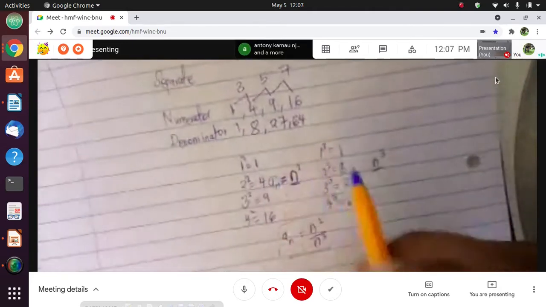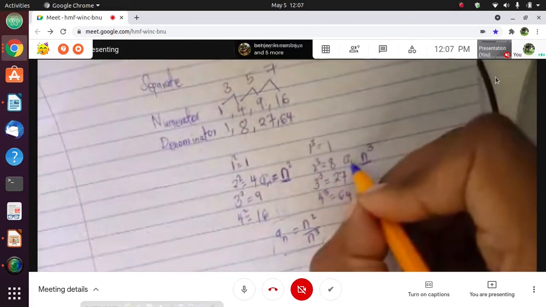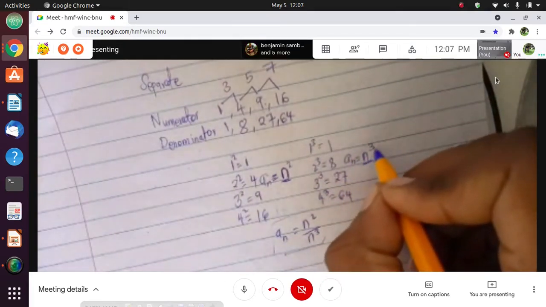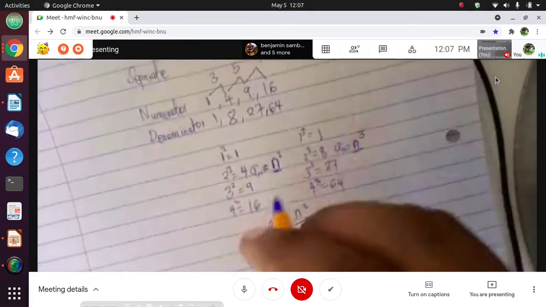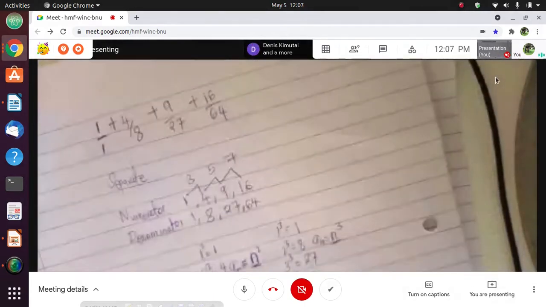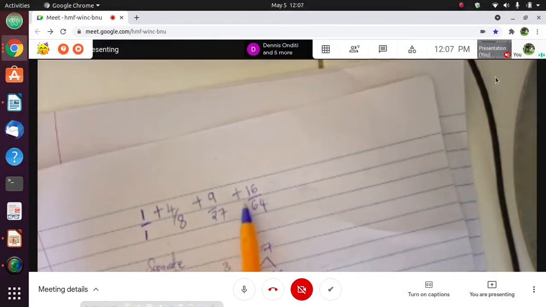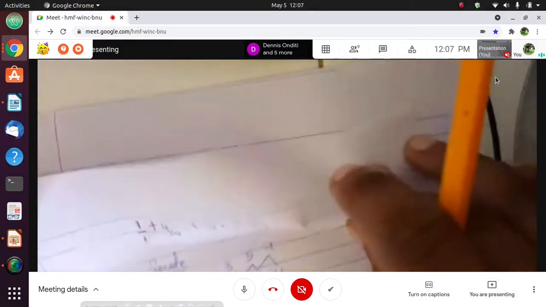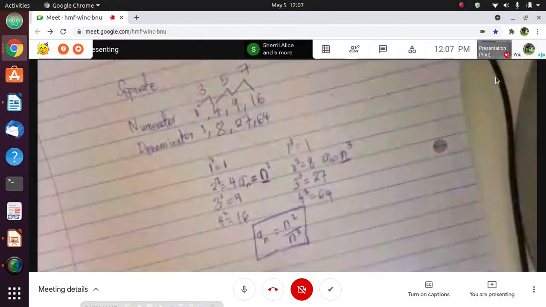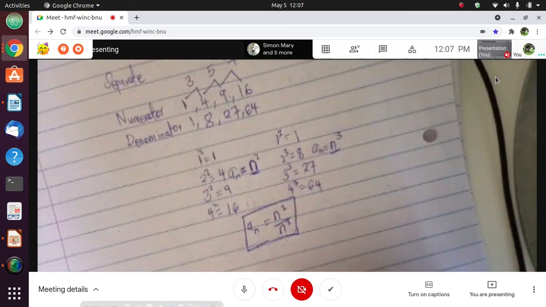And for the denominator, that pattern can be summarized by the general equation an is equal to n cubed. Therefore, the general equation of this fractional sequence of ours, 1 plus 4 over 8 plus 9 over 27 plus 16 over 24, will be n squared over n cubed.